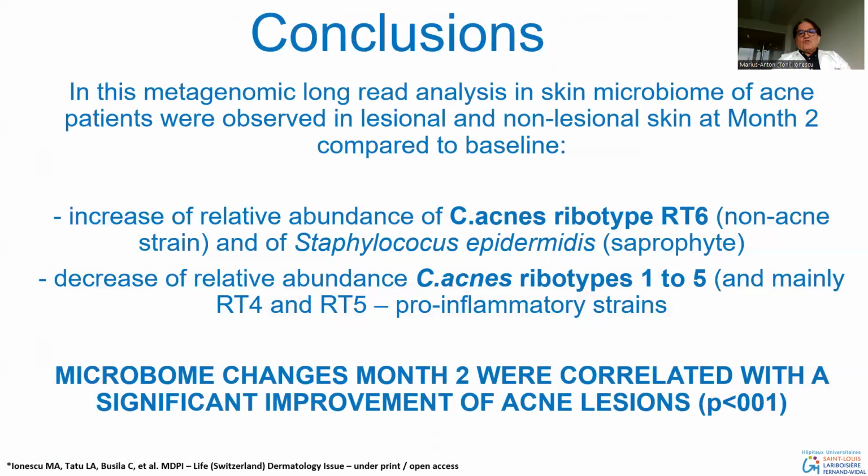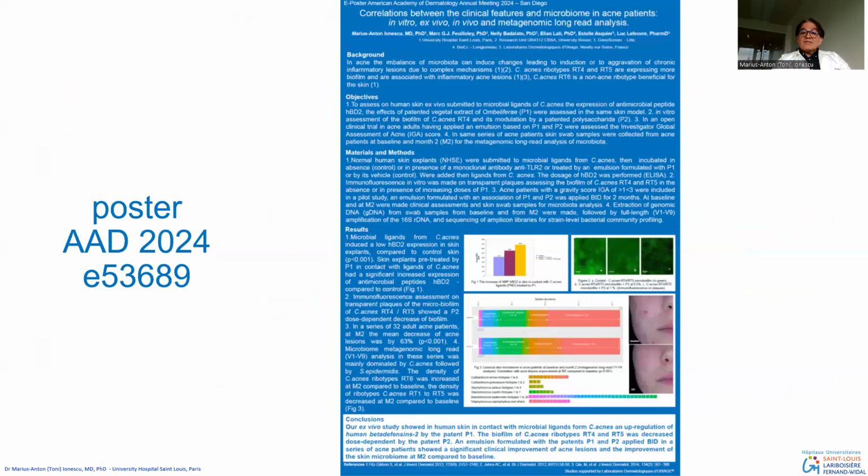So we saw that in this clinical study, combined with a metagenomic long-read taxonomic analysis, the microbiome changes at 2 months were correlated with the significant improvement of acne lesions.